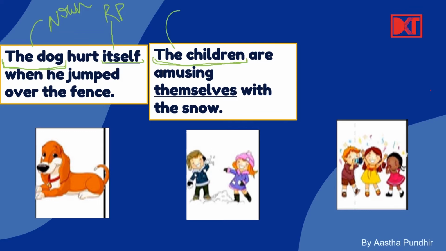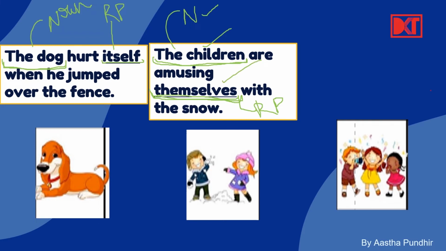Because किसी noun को replace नहीं किया है, ये noun ही है अभी भी. An action, amusing themselves with the snow. Now you see what is the object? Themselves. The children were having fun and they were amusing themselves. So themselves is the reflexive pronoun. And the subject and the object are same.